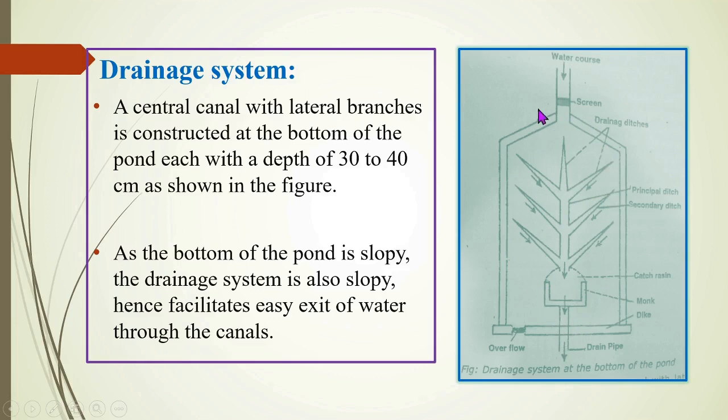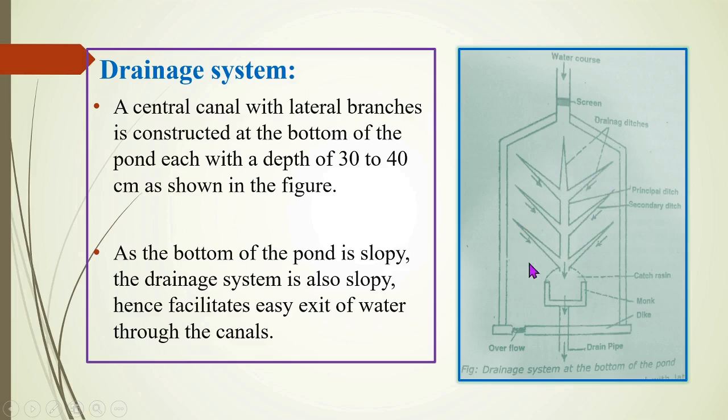So see the image of the drainage system here. This is the water inlet source and this is the bottom of the pond. This bottom of the pond has the drainage system. This is the main canal with lateral branches.